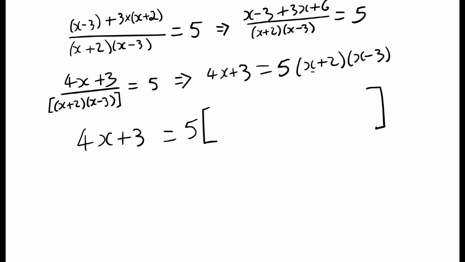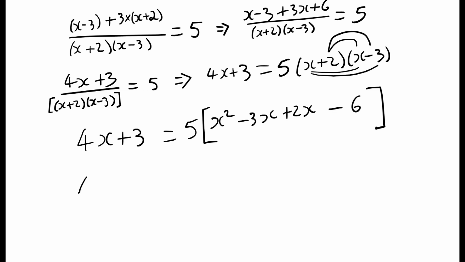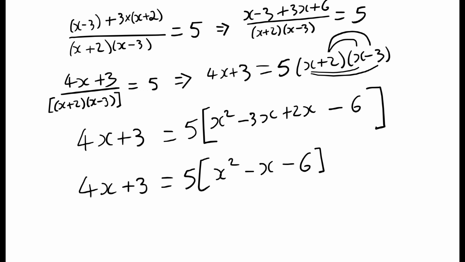So I have first, x times x is x squared, outside x times minus 3 is minus 3x, inside plus 2x, and last 2 times minus 3 is minus 6. So I have 4x plus 3 equals 5, and then in the square brackets x squared minus 3x plus 2x is minus x, minus 6.